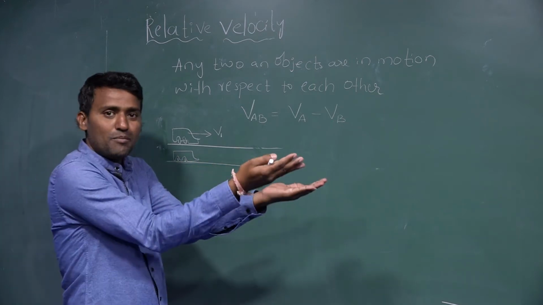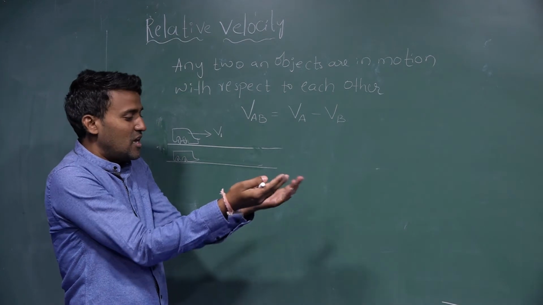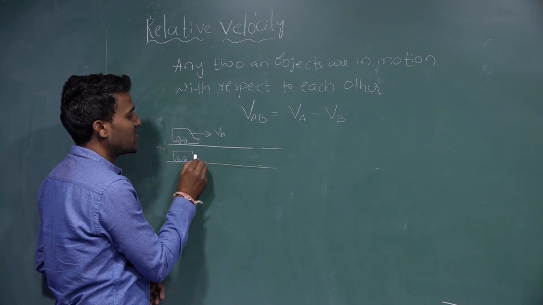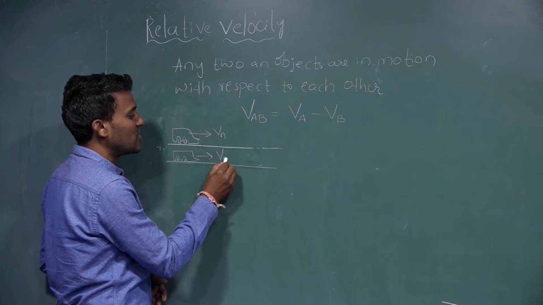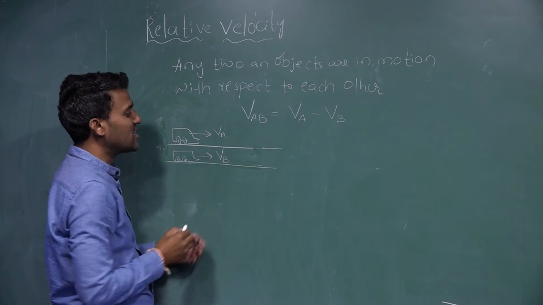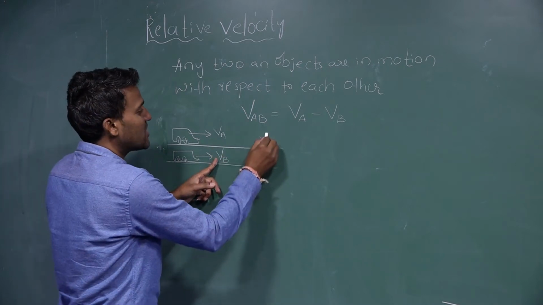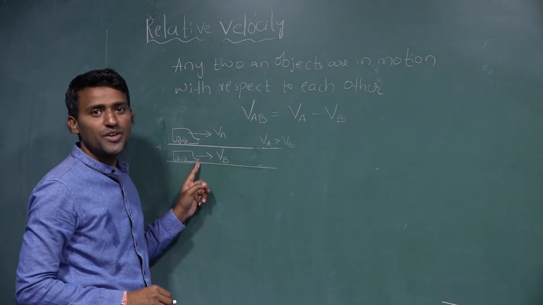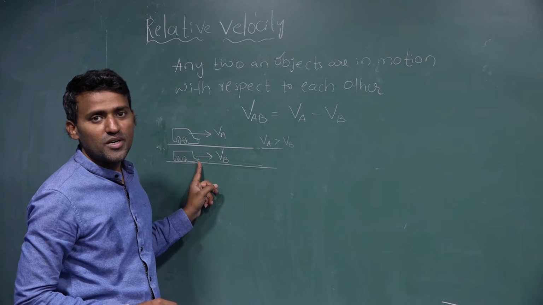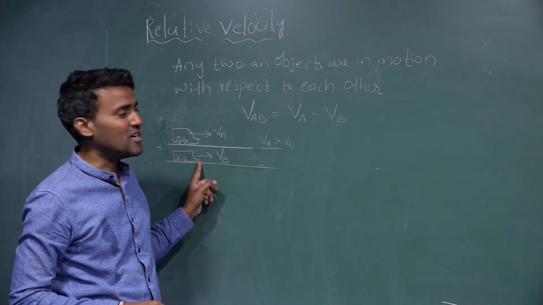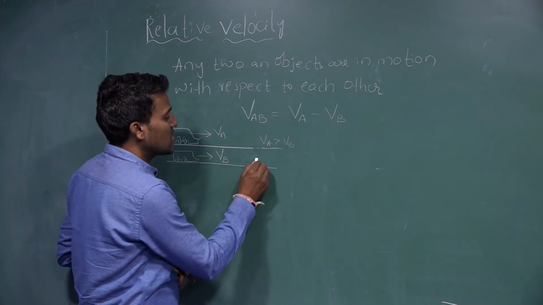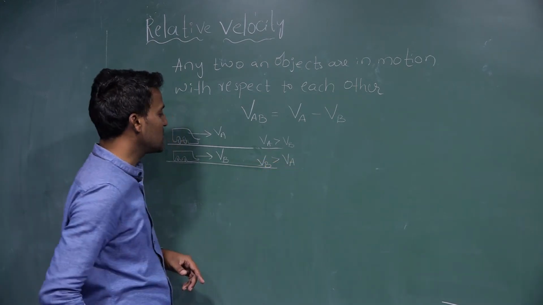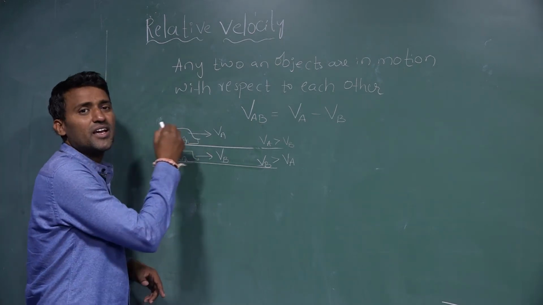At that moment, if this car is moving with a velocity VA and this car is moving with a velocity VB, if VA is greater than VB, it can cross car B. If the velocity of car B is greater than the velocity of A, at that moment it can cross car A, isn't it?